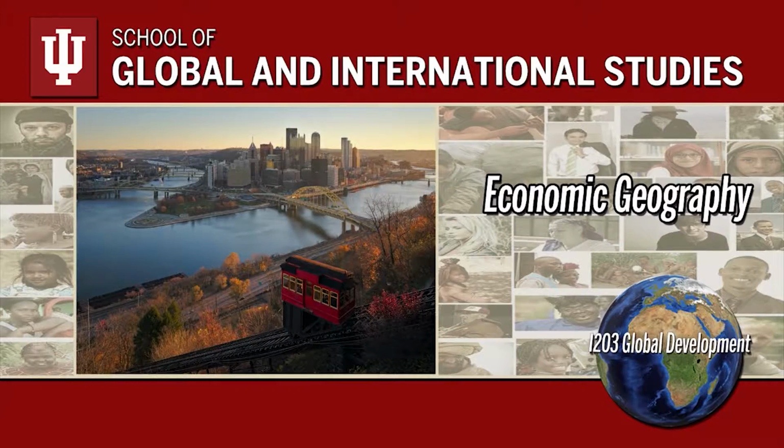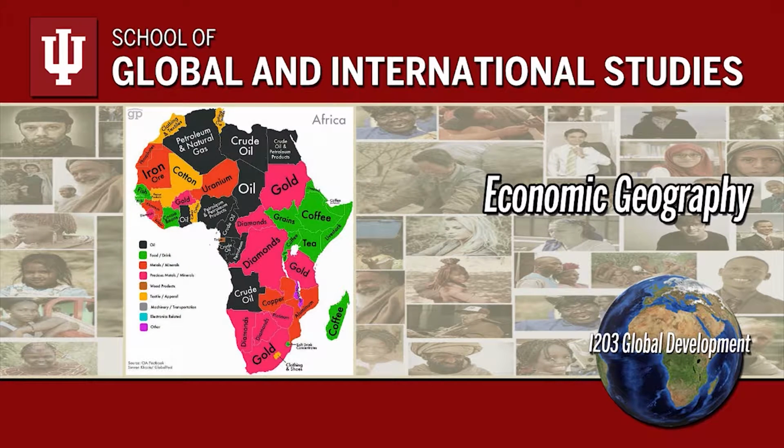So when we're thinking about what we mean by geography and how geography affects development, what we're talking about here is economic geography. So for example, perhaps one of the reasons why Africa as a continent is rather underdeveloped is because so many African countries are landlocked.